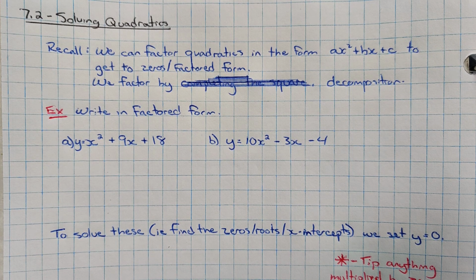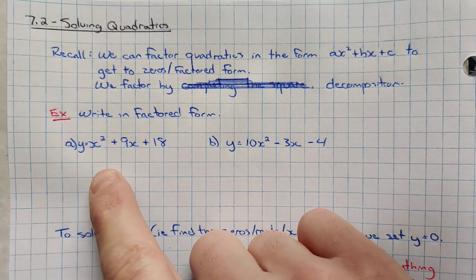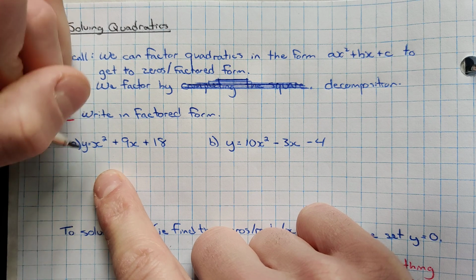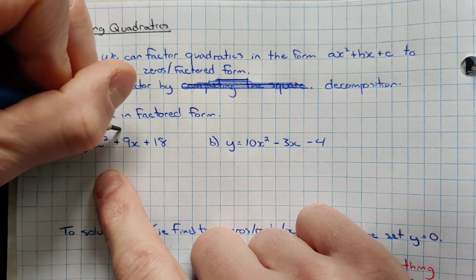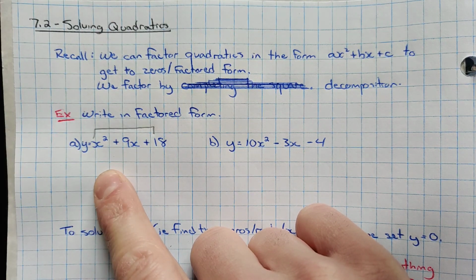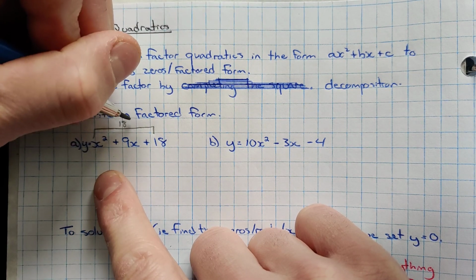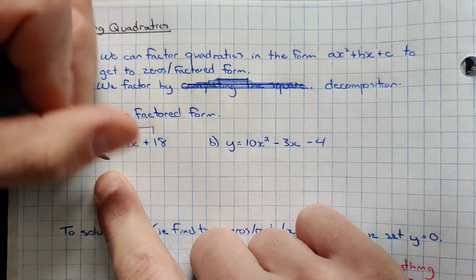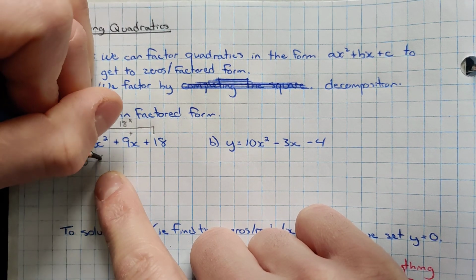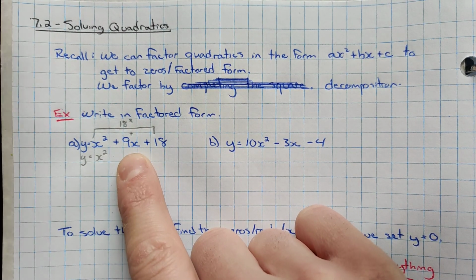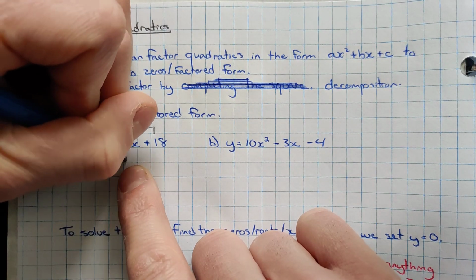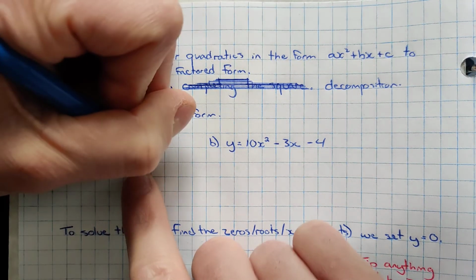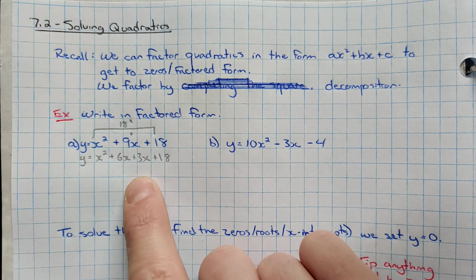I'm creating an equation rather than an expression with the y equals this time, but otherwise we're going to do it all the same. So we will decompose this, multiply our first and last terms, and get 18. So we're looking for two numbers that multiply to 18, add to 9 to rewrite that middle term. And that would be 6 and 3. So plus 6x plus 3x, and then the plus 18.